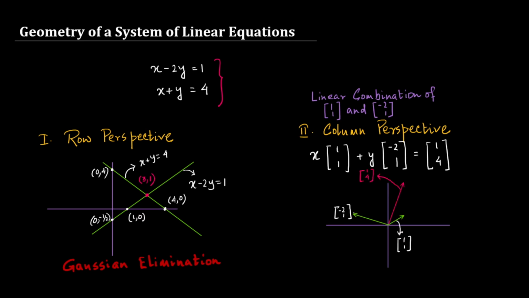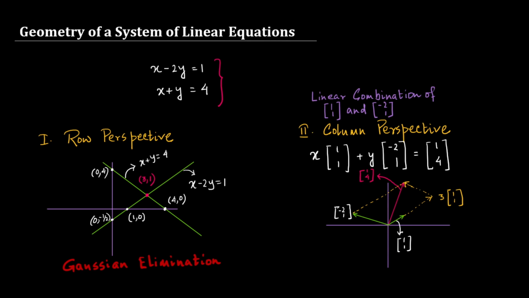Geometrically, how will you combine the two green vectors to create the pink vector? Combine means which linear combination of the two green vectors will be the pink vector. The whole idea can be seen as 3 times the vector 1, 1 when added to the vector minus 2, 1, we get the vector 1, 4.